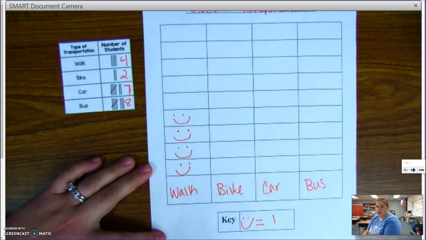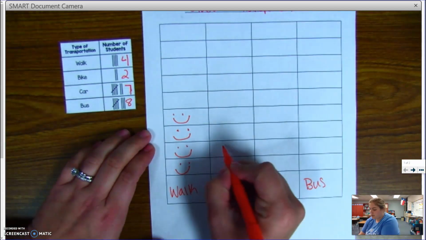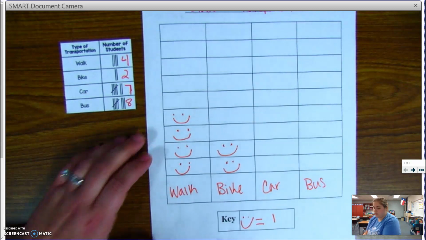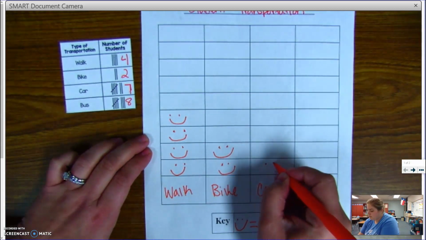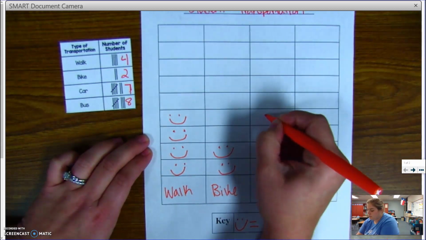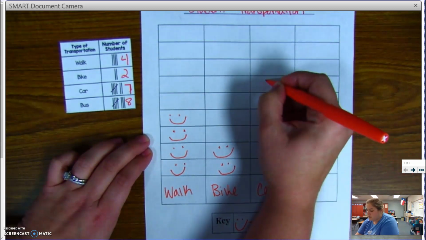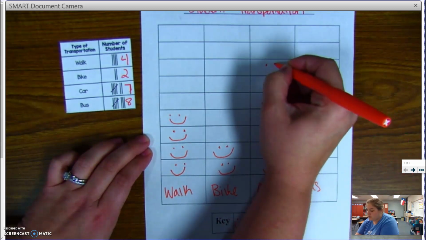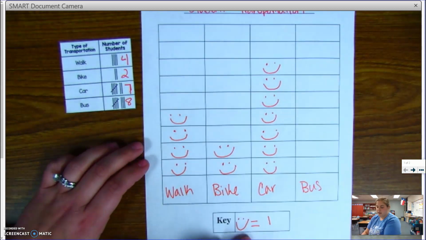Okay, now I'm going to do my bikes. I have 2 students who bike home, 7 who ride a car, 1, 2, 3, 4, 5, 6, 7.